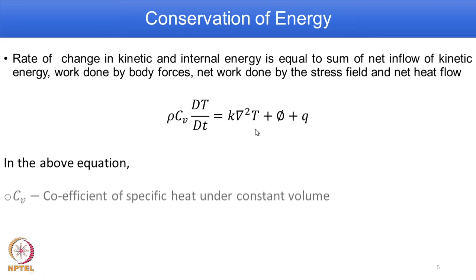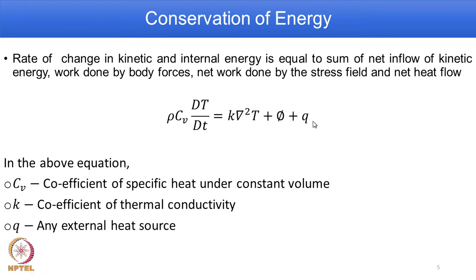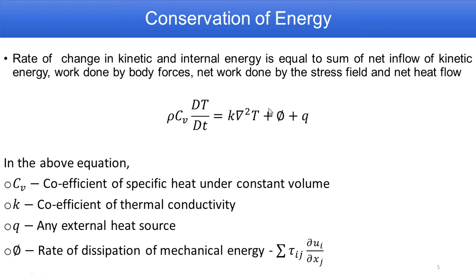In this equation Cv is the coefficient of specific heat at constant volume, K is the coefficient of thermal conductivity, Q is any external heat source, and phi is the rate of dissipation of mechanical energy, and that is given by this expression.